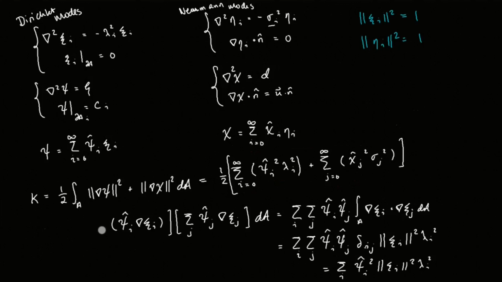In other words, I can calculate the kinetic energy in space. I can take u squared plus v squared, integrate over area, and get a number, multiplied by 1/2.